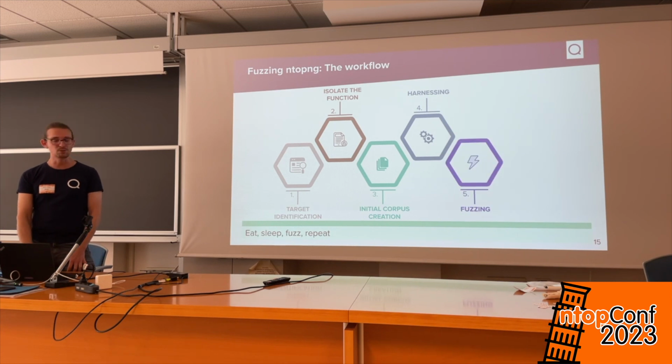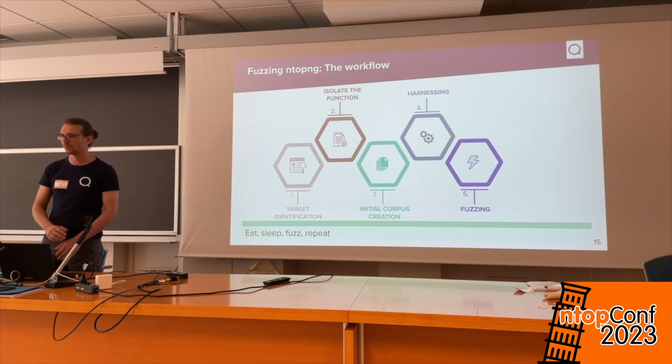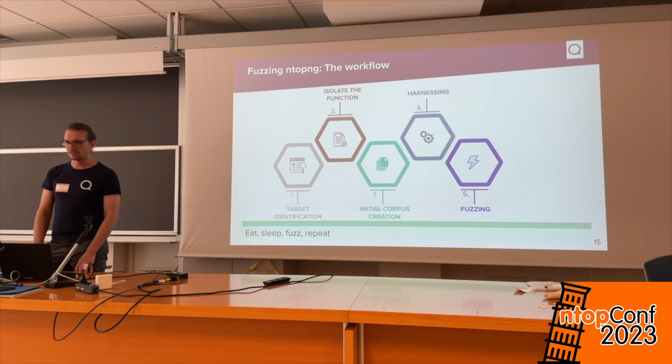At this point, we are ready to fuzz, and in this case, we want to fuzz for as long as possible, since there is no real end of fuzzing: every time we are generating new inputs. After a while, of course, we will start to not find anything relevant anymore. There is an asymptote that we will reach at some point, but in general, we want to fuzz for as much time as possible.